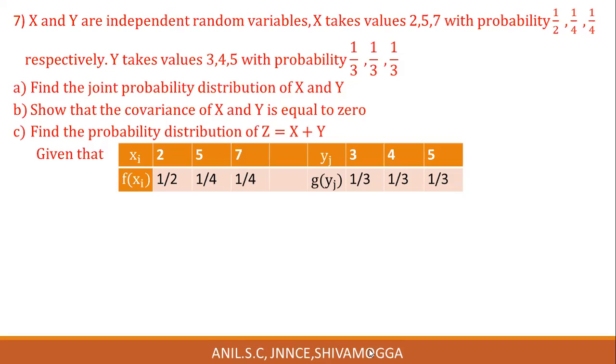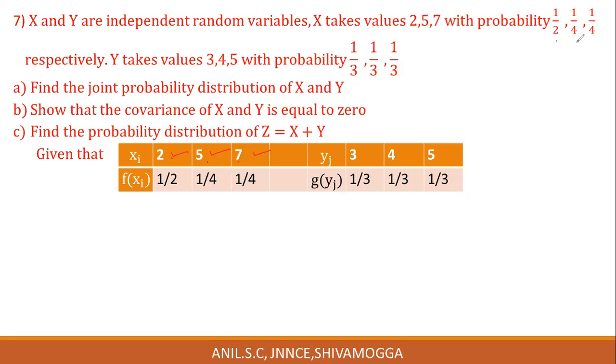First, we shall establish the joint probability distribution of X and Y. Let's write this first statement mathematically. X and Y are independent random variables where X takes values 2, 5, 7. They are tabulated here, 2, 5, 7.